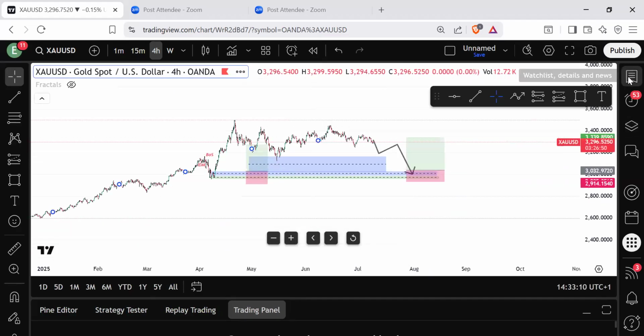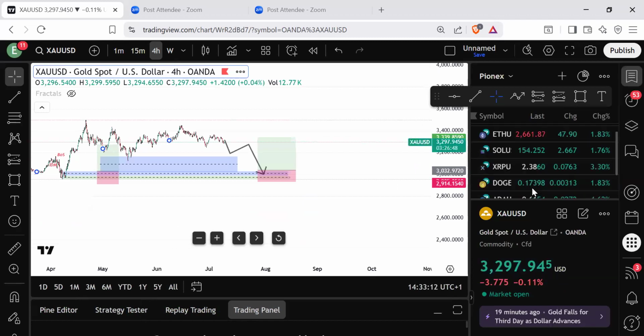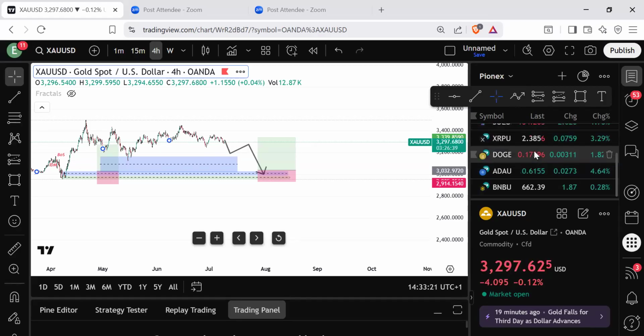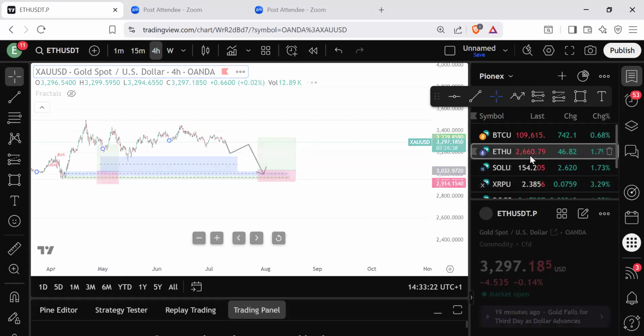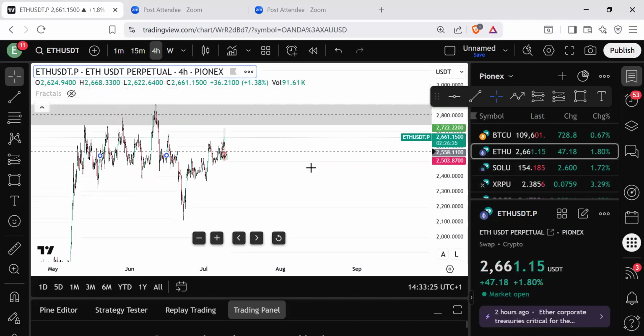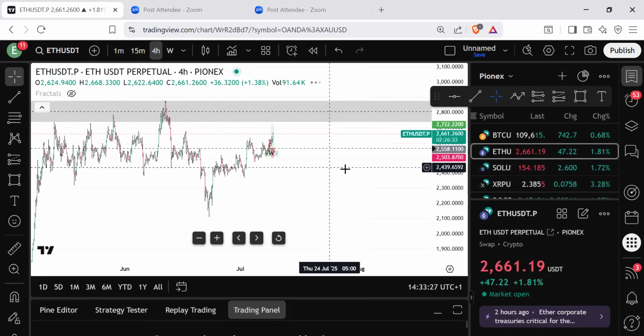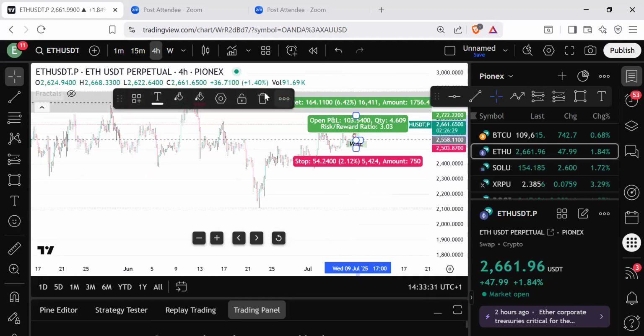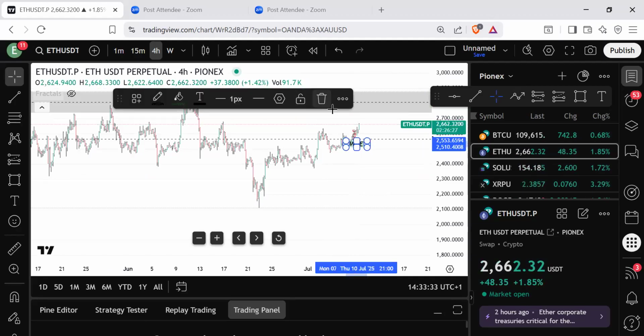The crypto market is actually pumping at the moment.